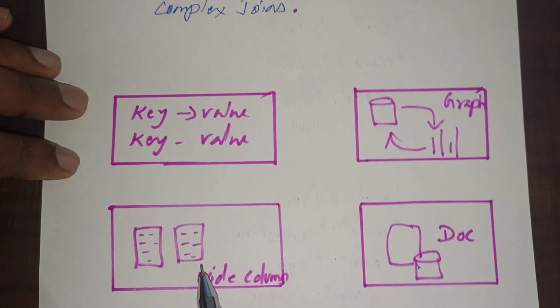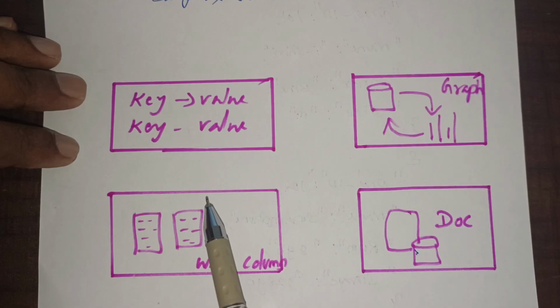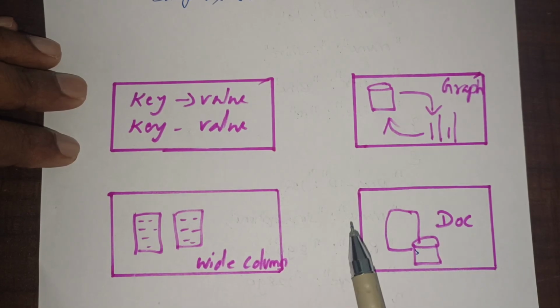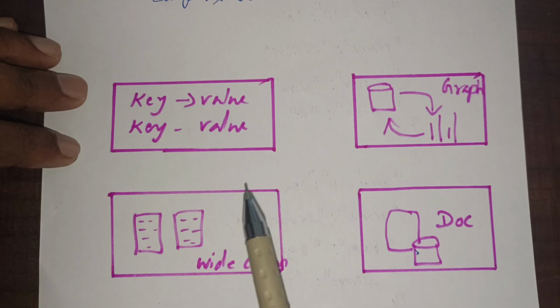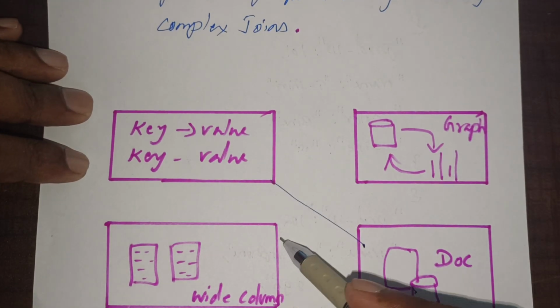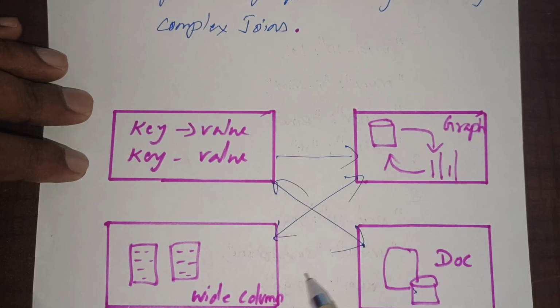It is also a wide column, which means it is open for any kind of direct access. There is no SQL here, so it is open. Each design supports different storage and access requirements. Suppose I need to access from here, any kind of access is possible.